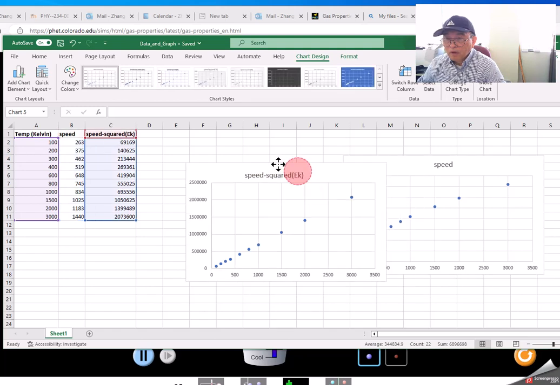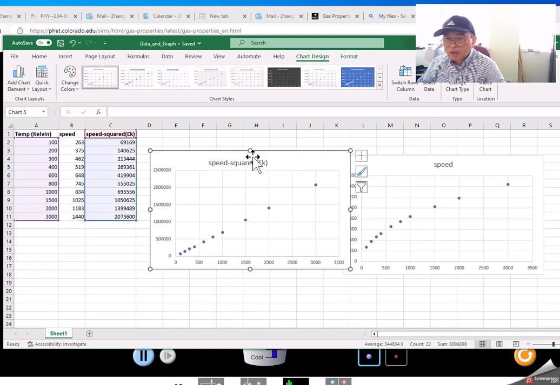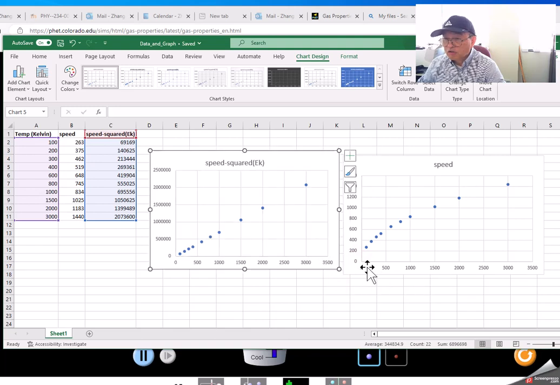So from mathematics, you will see if you just plot speed, the temperature is from 0 to 2000. But if you plot speed, we just want to look at the curve shape, and it's like a square root, curving down, in the sense that at higher temperature, the speed is still going up, but not as much.